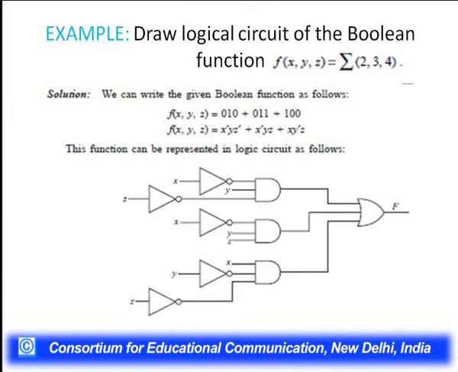Draw the circuit for x' y z' using NOT and AND gates. For x' y z use a NOT gate for x and add it with the AND gate, and for x y' z' do the same, and combine all these diagrams with an OR gate to finally get the result f. The circuit on the screen is the result for the given Boolean function.